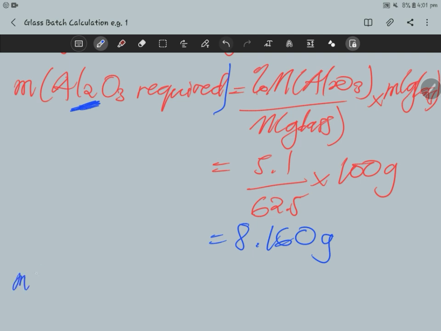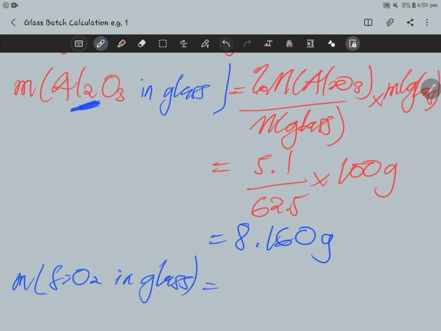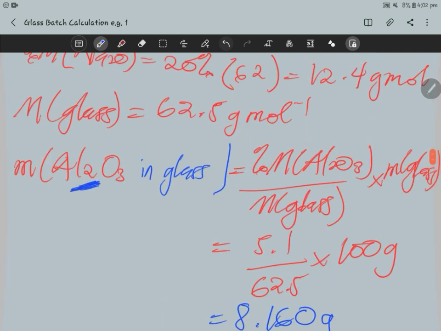And then the mass of the SiO2 in glass. Let's just make this in the glass. That will be the percentage molecular mass of the SiO2.